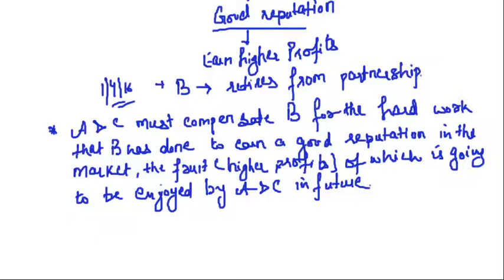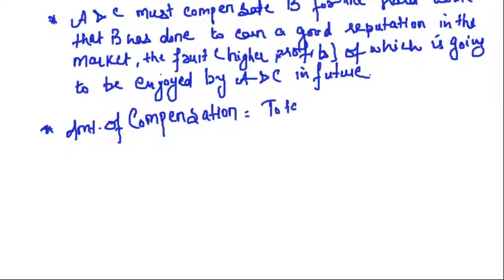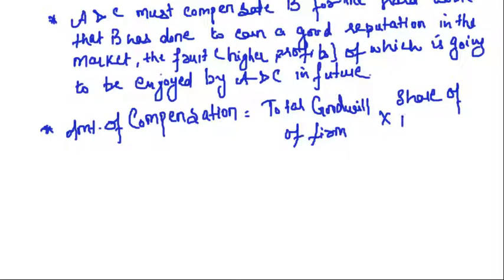So what will be the amount of compensation? Amount of compensation will be total goodwill of the firm multiplied by the share of the retiring partner. Right? So that much they are liable to compensate to the retiring partner.